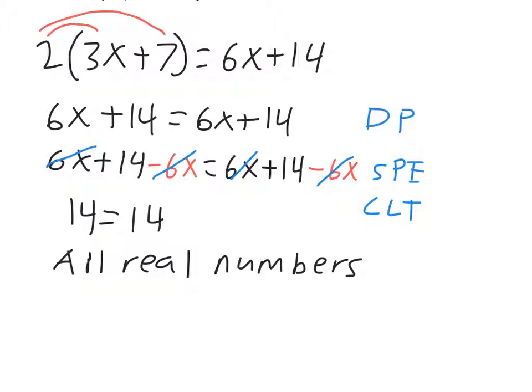And how to write that in set notation, you would write it like this, where you have the braces, and in between the braces you have this weird looking capital R. That R is to denote the set of all real numbers. So R is all real numbers, every real number possible, and we put braces around it.